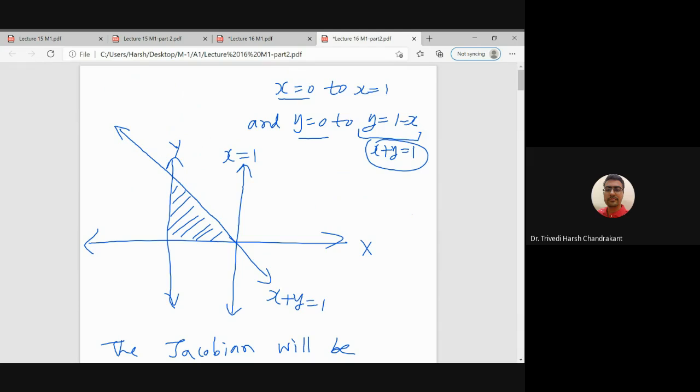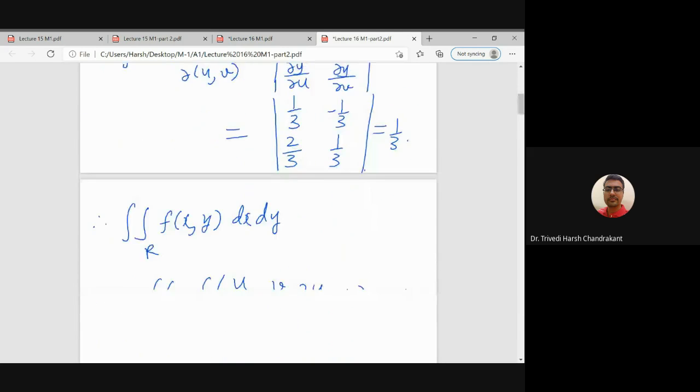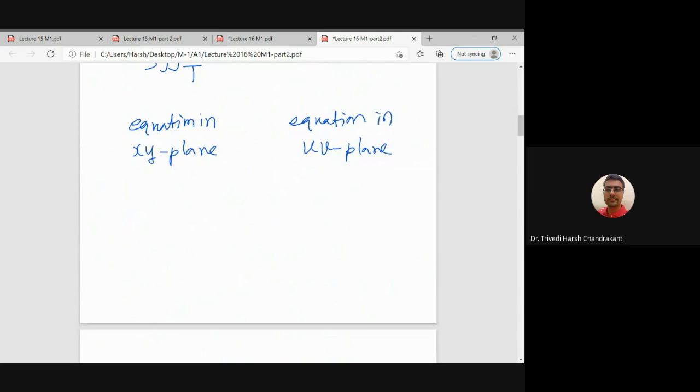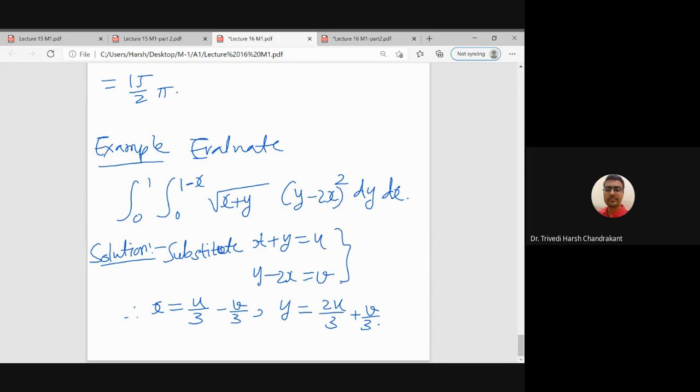Right. So let us find out this region. Take our line x plus y equals 1. If you substitute the values here, then our x and y is this.